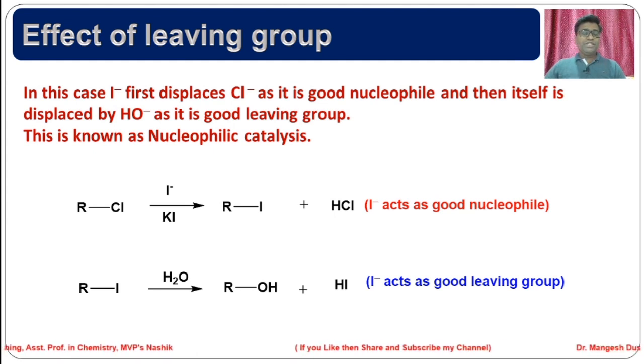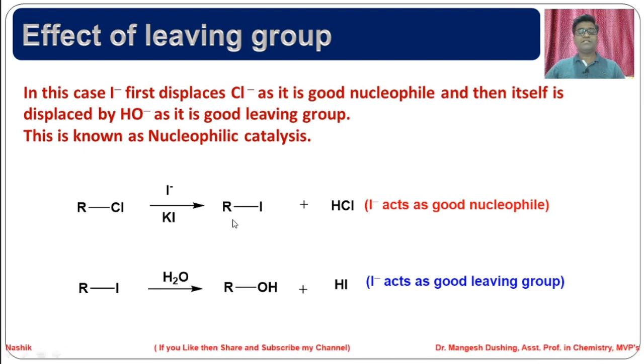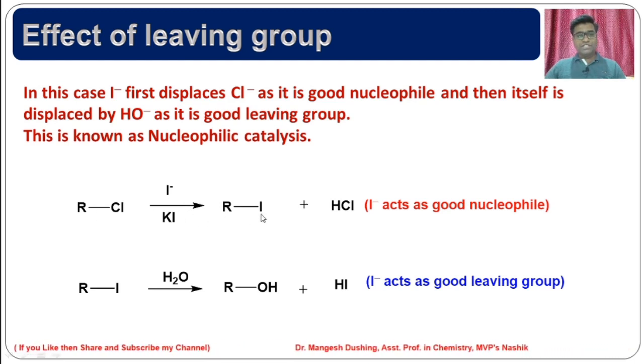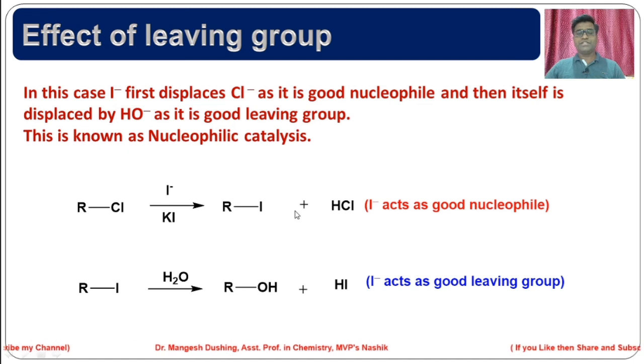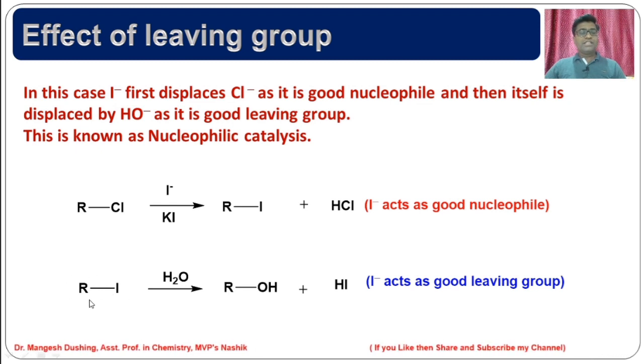Then we react this alkyl chloride in the presence of KI, that is iodine minus. Then Cl is replaced by iodine because iodine is a good nucleophile. So RCl is converted to RI, that is alkyl iodide, in the presence of KI. That is very good. Iodine is a good nucleophile, so this reaction will be faster. Now we have this alkyl iodide.